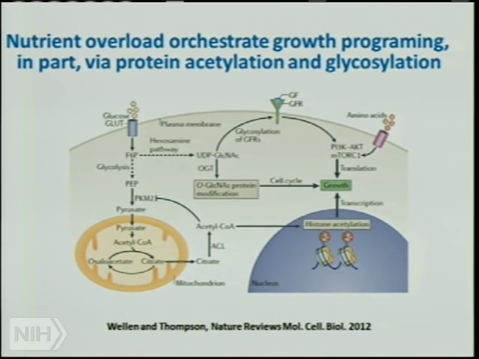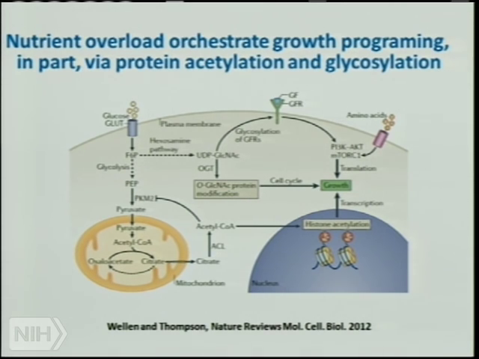So this is just an example of how nutrient overload can affect intracellular programs and pathways, and this is looking at growth. Either excess glucose, amino acids, or, not shown in the slide, fatty acids, can increase intracellular substrates. I'm not going to talk about the glycosylation pathway, but increased glucose can cause glycosylation of growth factors to drive this pathway.